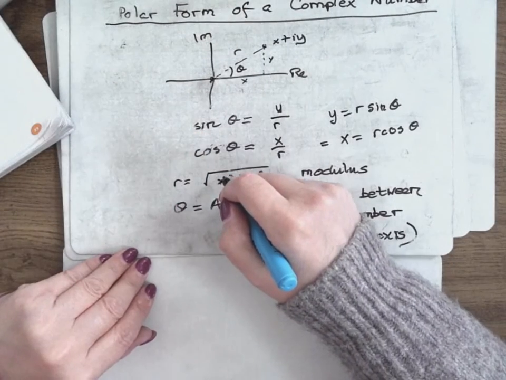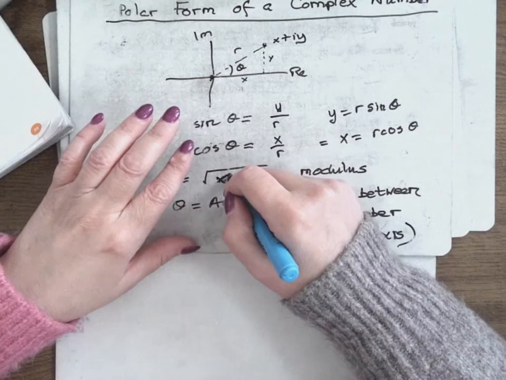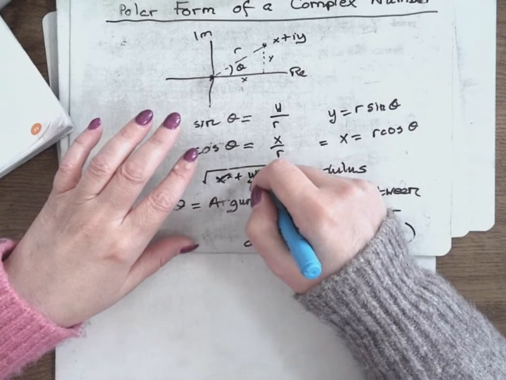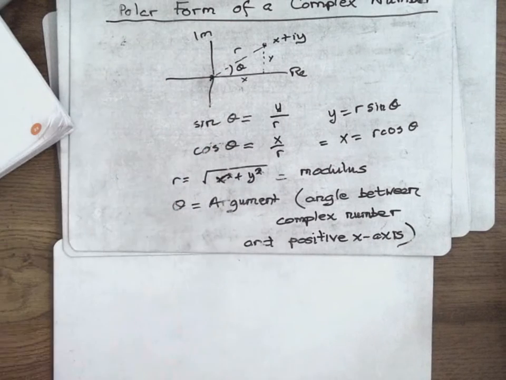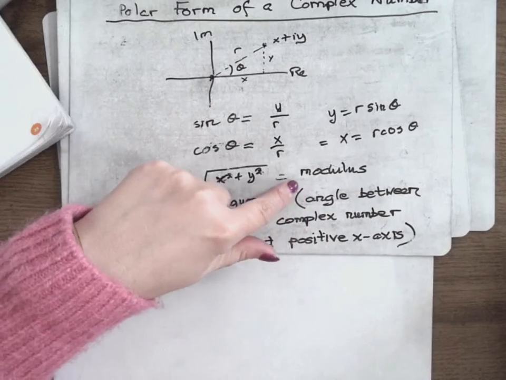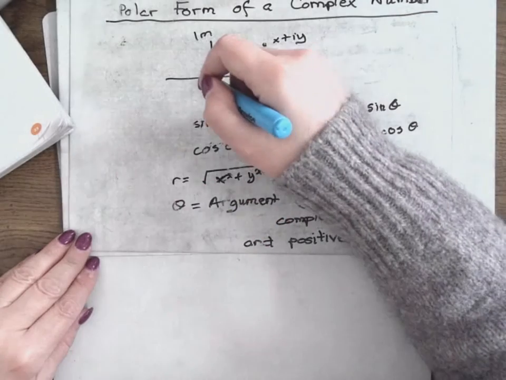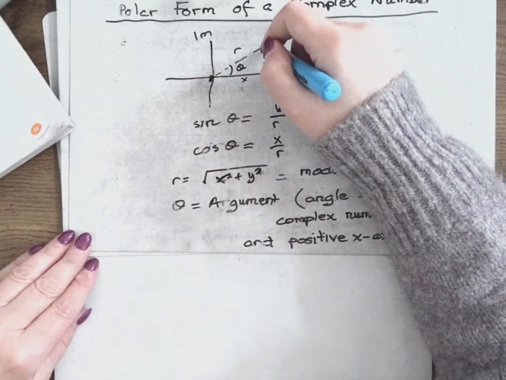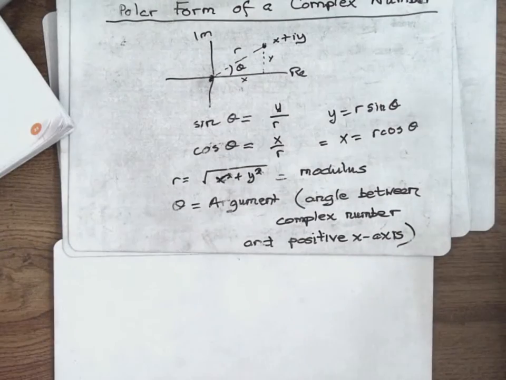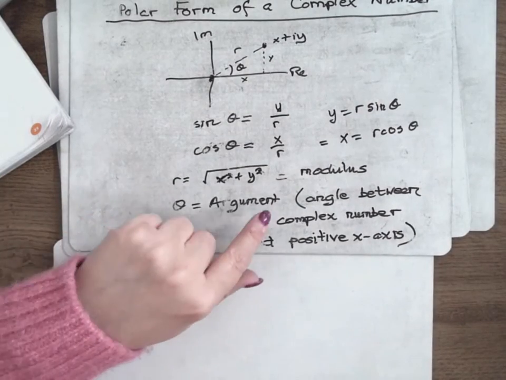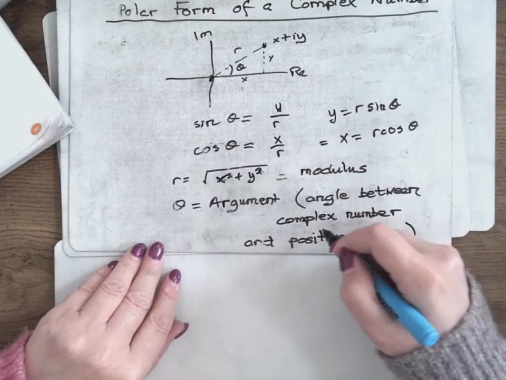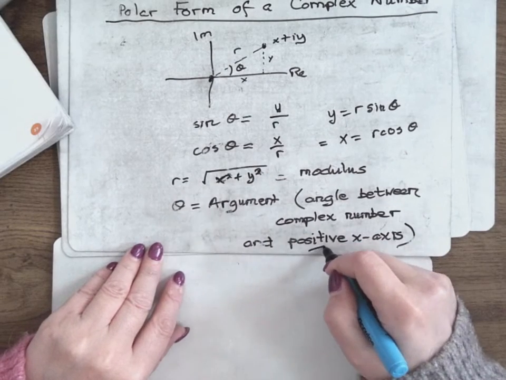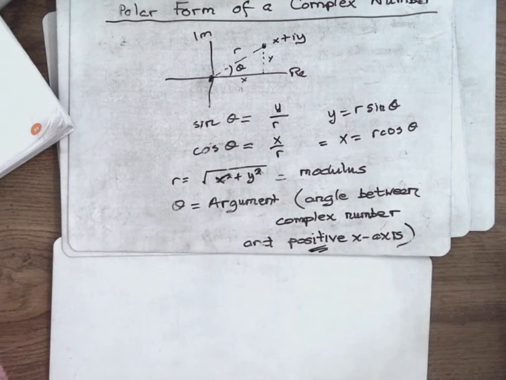Pythagoras' theorem will tell you r is equal to the square root of x squared plus y squared, which we know already to be the modulus. The length of the line from the origin to the complex number is the modulus. Theta is the argument, the angle between the complex number and the positive x-axis. I stress positive x-axis. We'll see why in a minute.